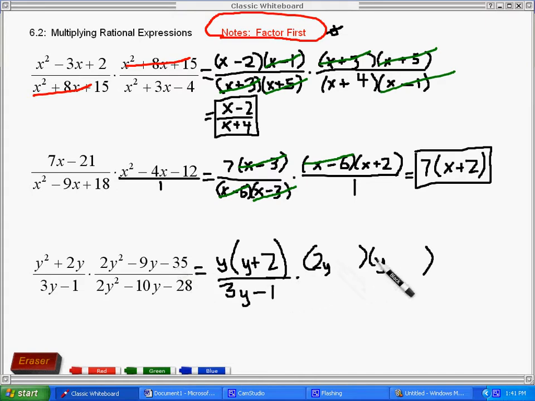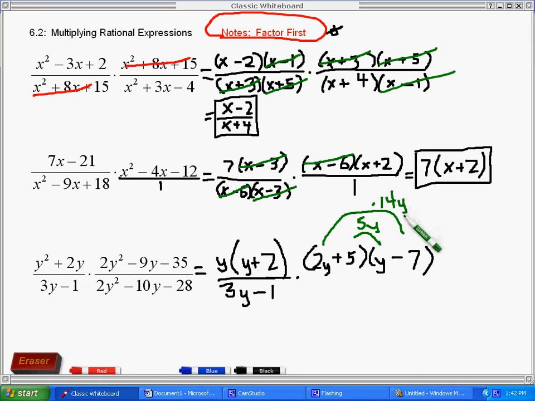And sure enough, if I write negative 7 right here and positive 5 right here, I show a little check. This gives us 5y, and this gives us negative 14y, which adds to give us negative 9y that we wanted.